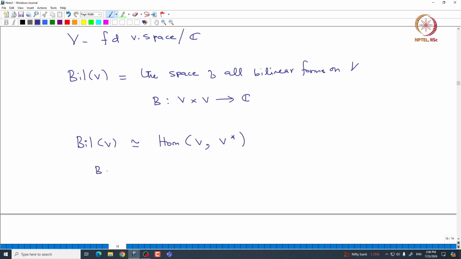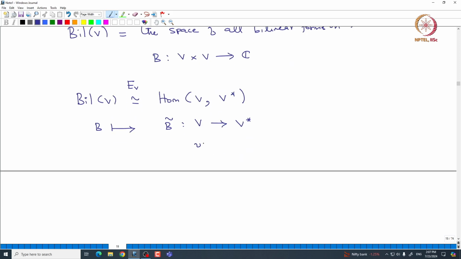So, what is this natural map? Given any B, you map it to what is called B tilde, which is a map from V to V star. It is the evaluation map: you take v and send it to B(v, dash), the evaluation with respect to this map B. This is indeed an isomorphism, which is easy to verify.